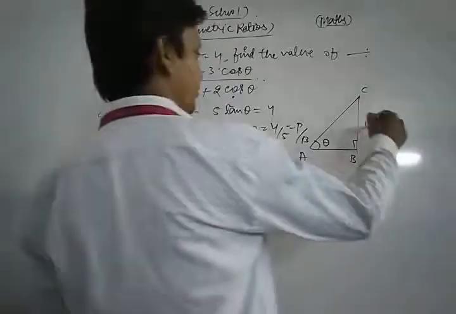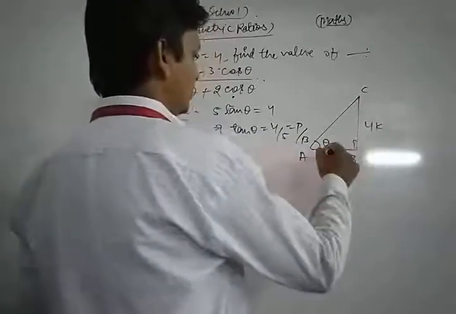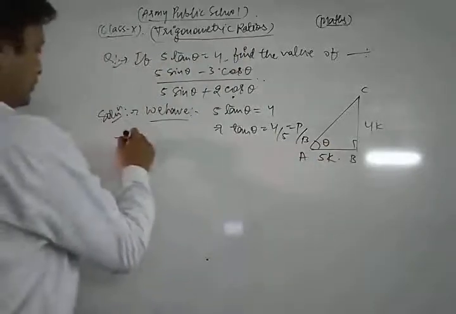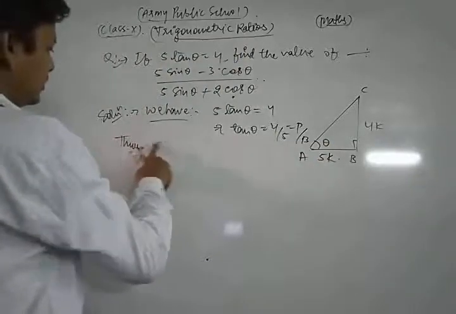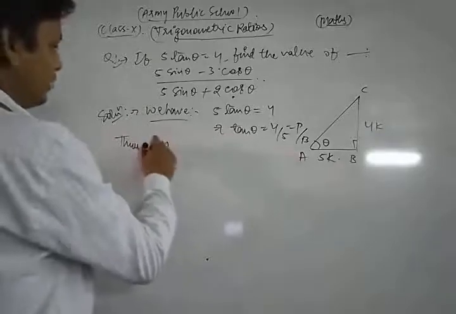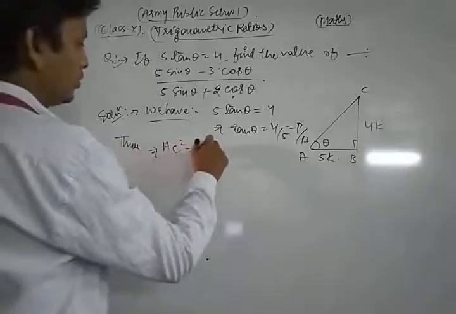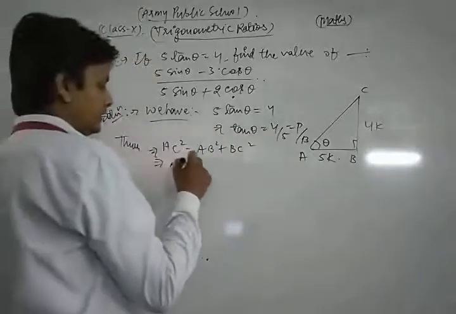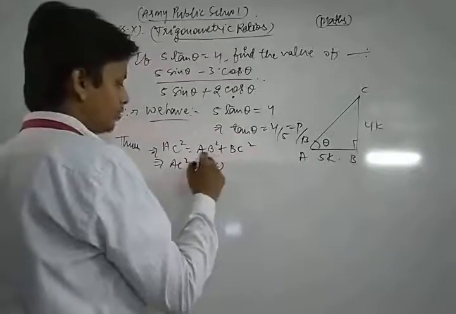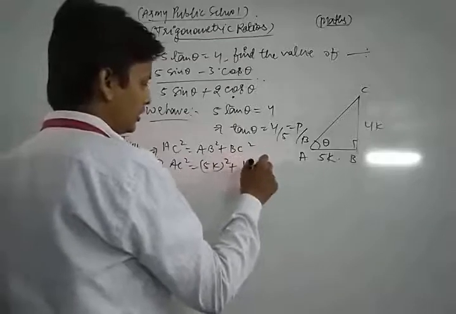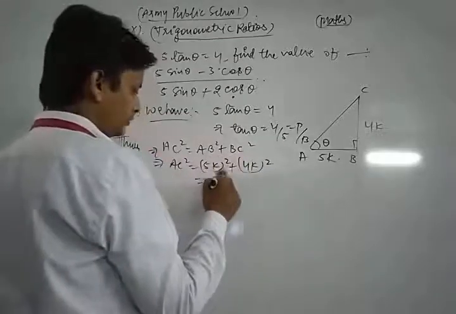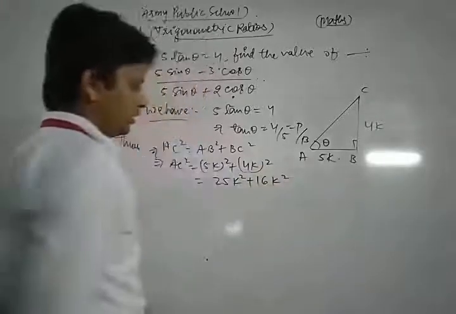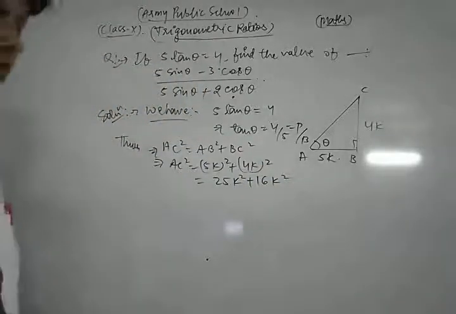So we take this as 4k and this as 5k. Thus, by Pythagoras theorem, AC square is equal to AB square plus BC square. So AC square is equal to 5k square plus 4k square, which is 25k square plus 16k square.